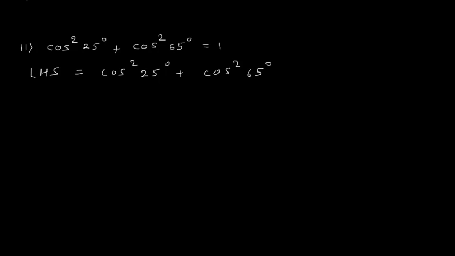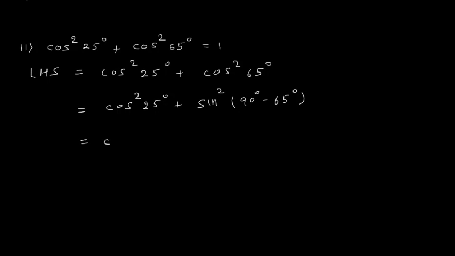So this is equal to, now we know that cos square theta plus sin square theta is equal to 1. So here I will write this as cos square 25 degree plus, this cos square I will write as sin square (90 degree minus 65 degree).